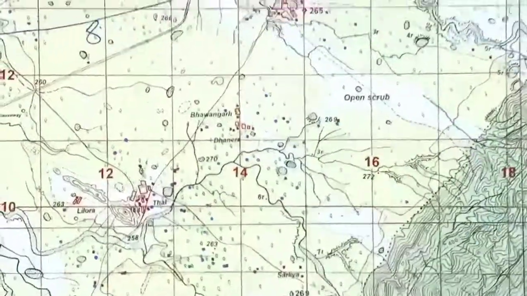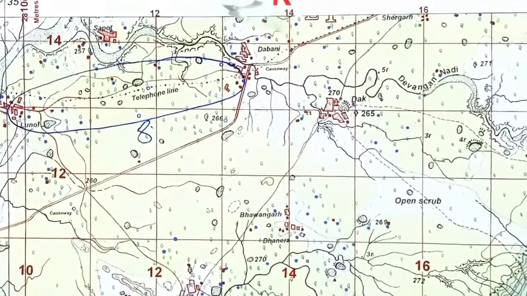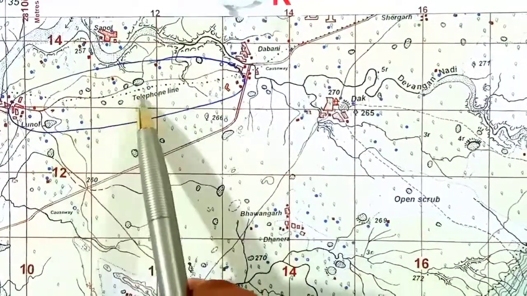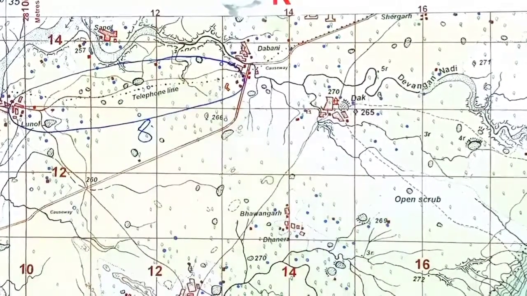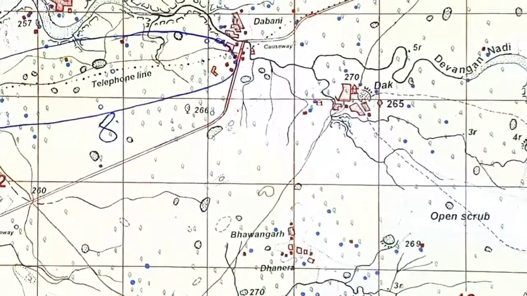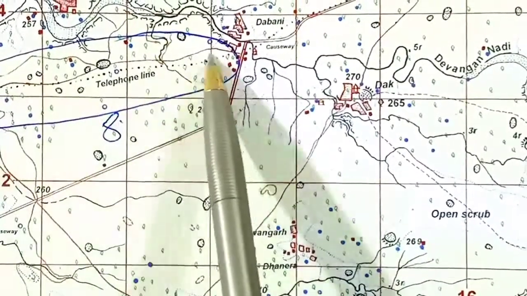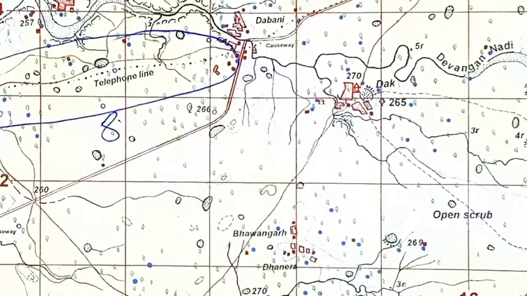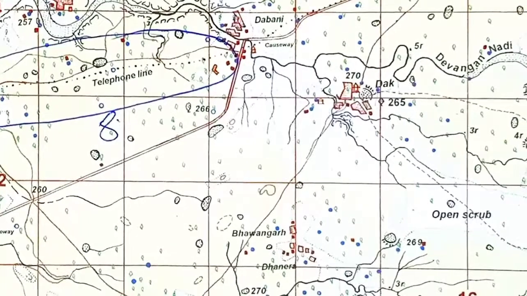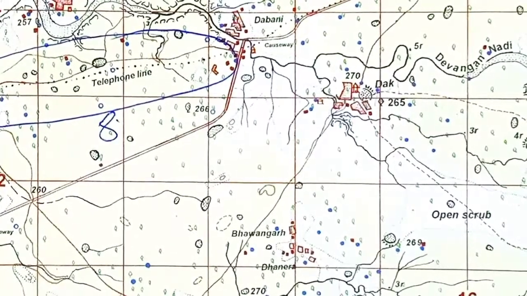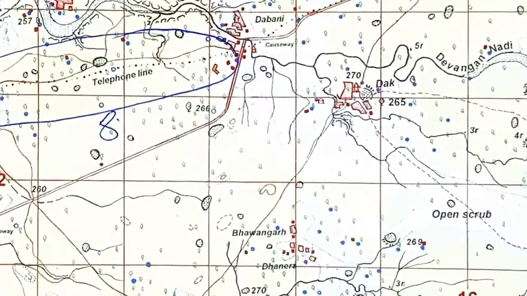Now students, a telephone line is also mentioned. You can see it's written telephone line, and you can see the black dotted lines. So these black dotted lines are showing the telephone line. So these features which we have just seen in the topographical map are all shown with black color.